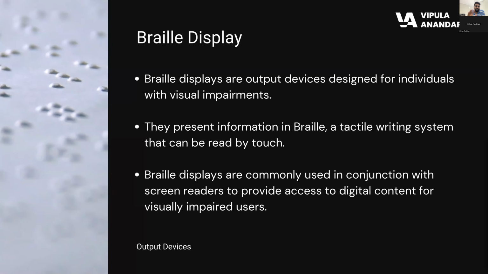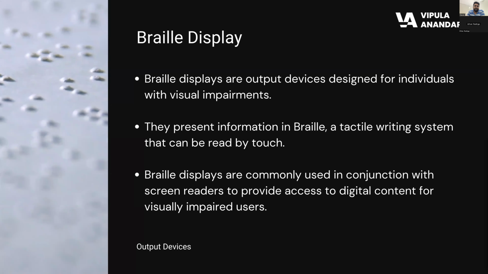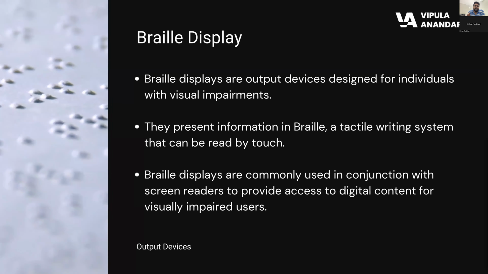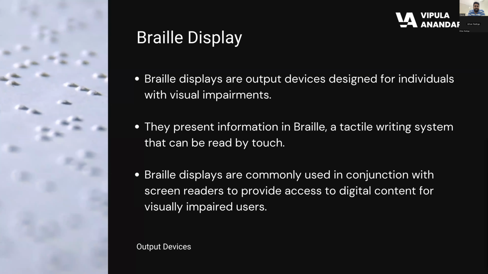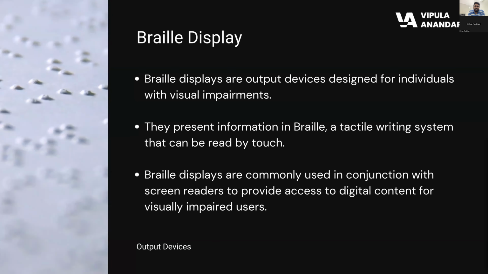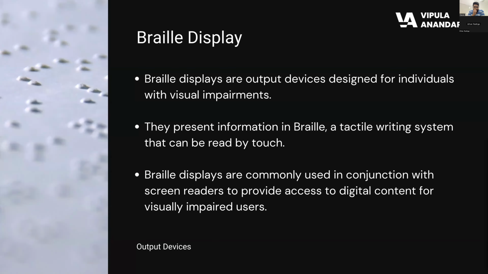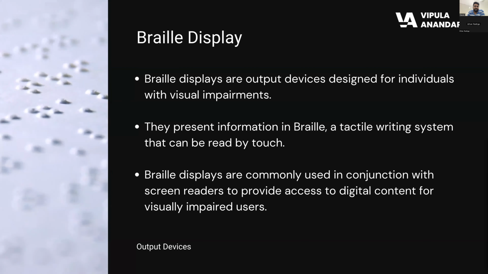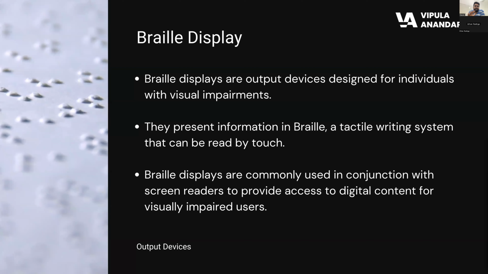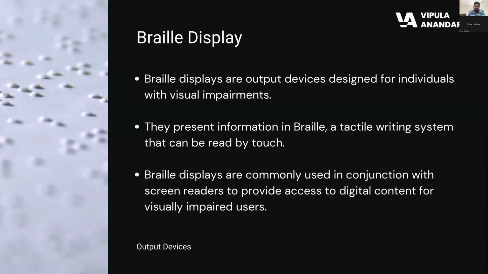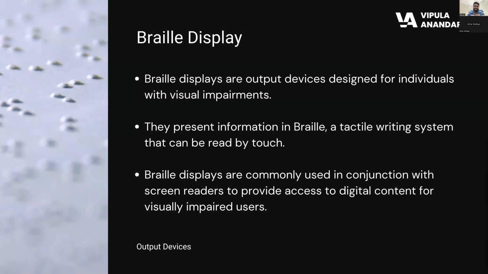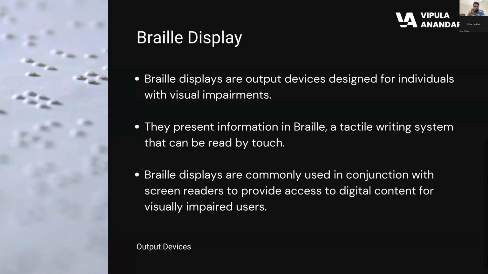So that is how a blind person reads something. Okay. Now with the new technologies, we have braille displays, where a blind person can literally touch a screen, something like a touch screen, and they can feel and read what is there.